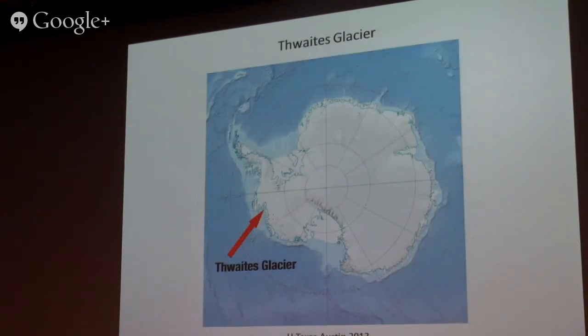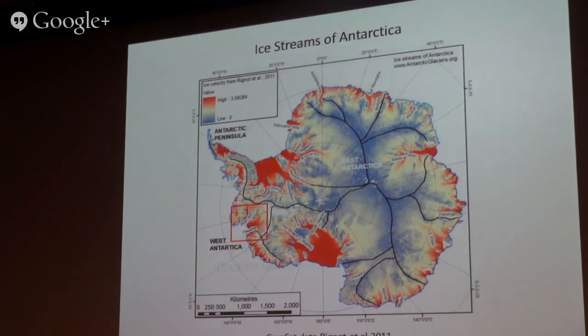That is, I don't know how to pronounce it right, the Thwaites Glacier, which is located on the West Antarctic ice sheet. The West Antarctic ice sheet is worth about 5 meters of ocean rise. And you could kind of think of this particular glacier as a cork in the bottle.